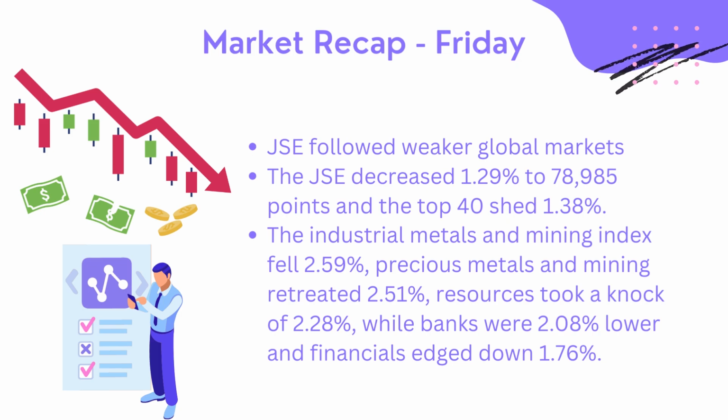The JSE decreased 1.29% to 78,985 points, and the Top 40 shed 1.38%. The industrial metals and mining index fell 2.59%. Precious metals and mining retreated 2.51%.